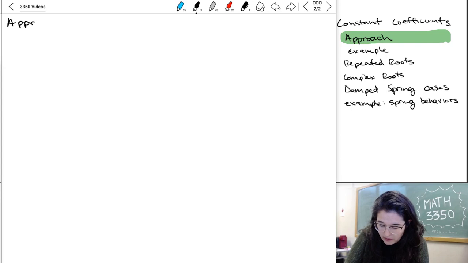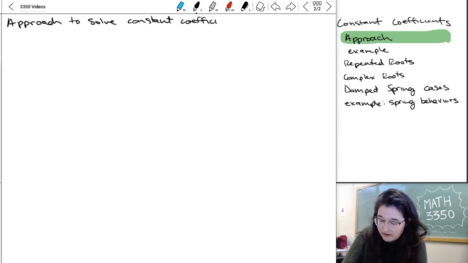So, our approach to solve constant coefficient equations is as follows.